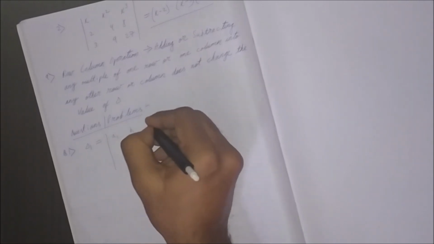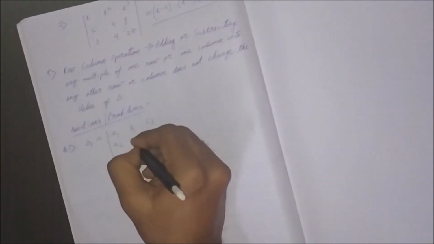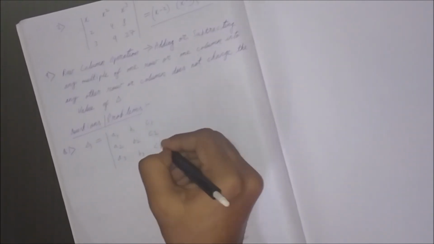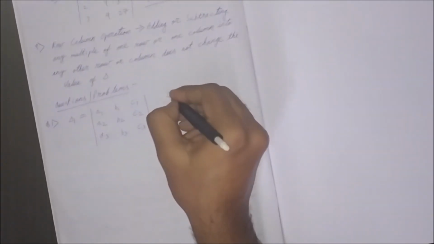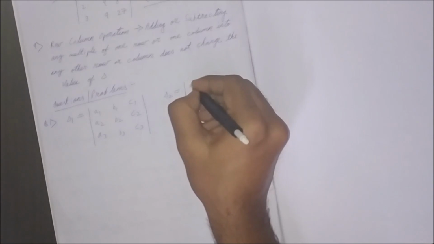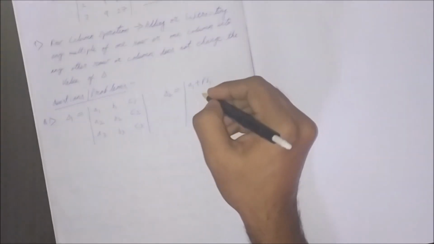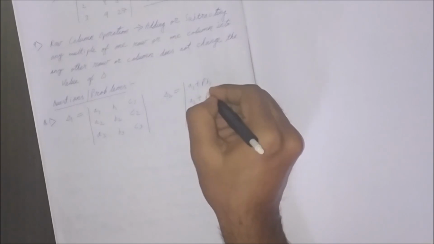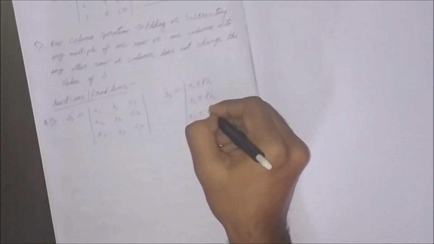Questions or problems. Suppose we have given question number 1, determinant 1 as A1, B1, C1, A2, B2, C2, A3, B3, C3, and we have determinant 2 as A1 plus PB1, A2 plus PB2, A3 plus PB3.